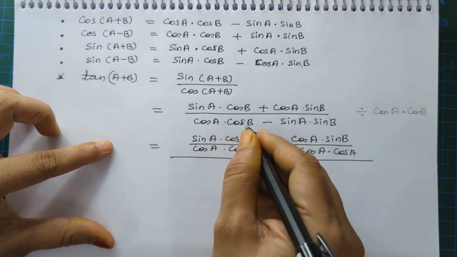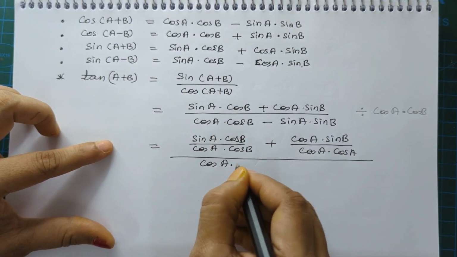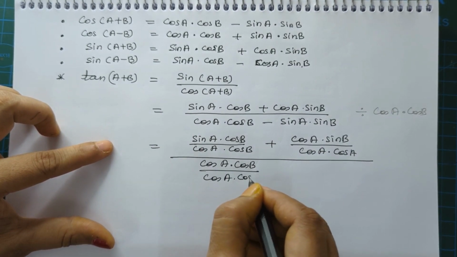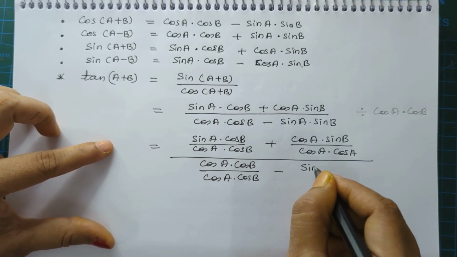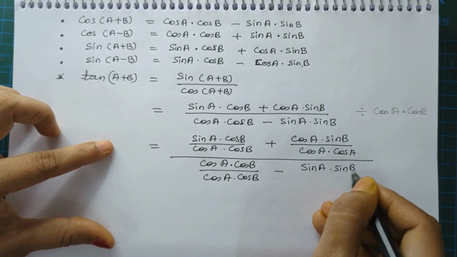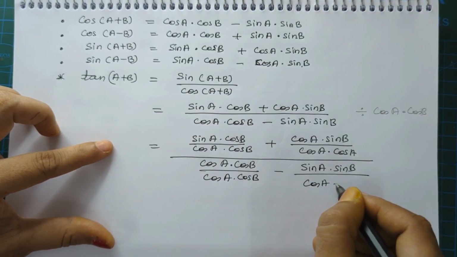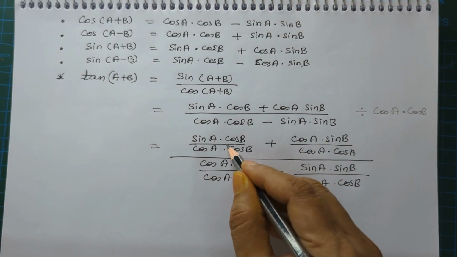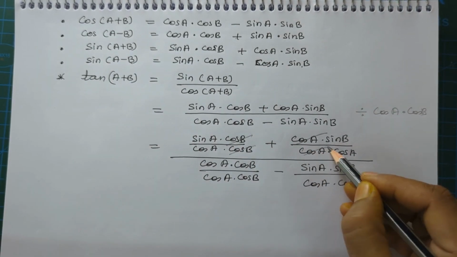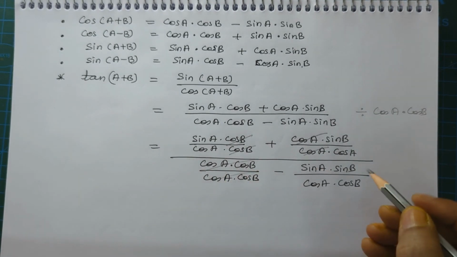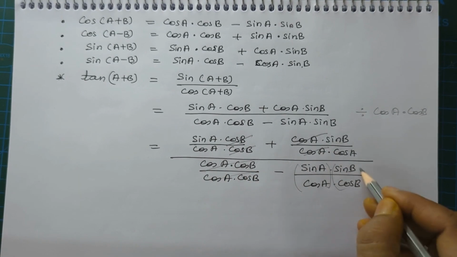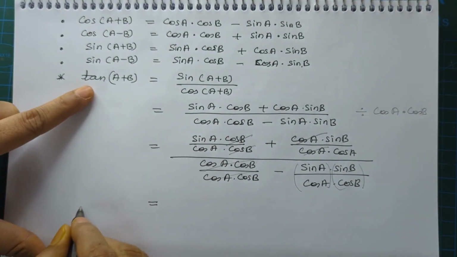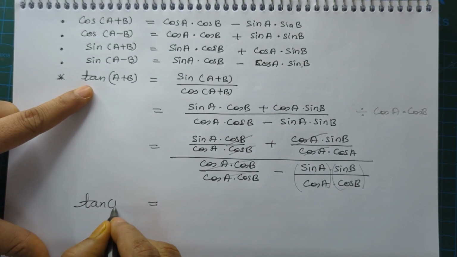About the denominator, cos A cos B divided by cos A cos B, same thing, minus sin A sin B upon cos A cos B. Now see, here cos B cancels, here cos A cancels, here the complete terms cancel, and here we can make groups to define something. So ultimately we are deriving the formula for tan(A + B).